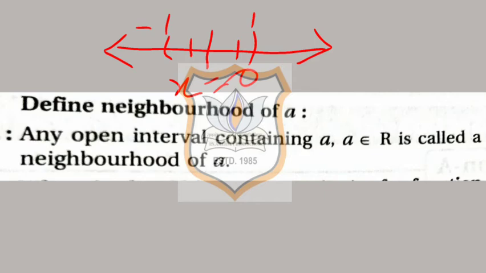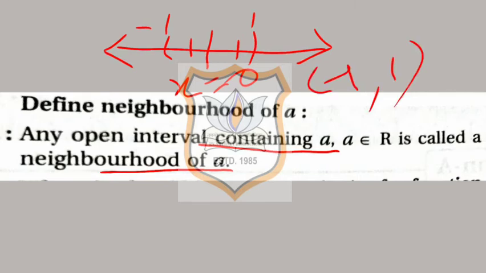That means any open interval which is containing a is called neighborhood of a. So we can say neighborhood of 0 is what? -1 to +1. That means that value a should be between the two extreme values.